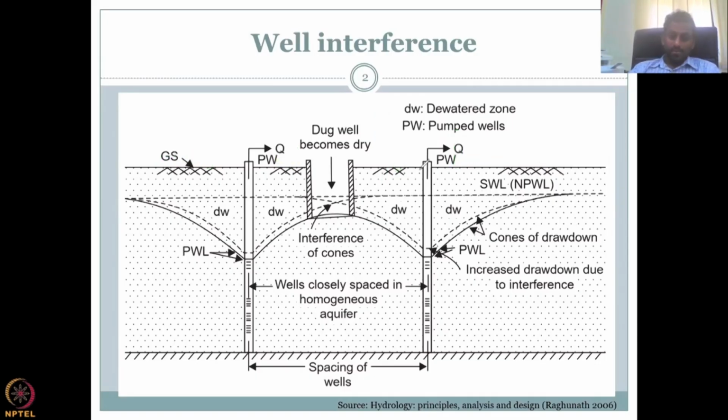Now this borewell will keep on decreasing the water table, and because of that your shallow aquifer recharge won't happen much. Even though it is in your same field, this dug well is not going to be recharged optimally because you are pumping at a very high rate.